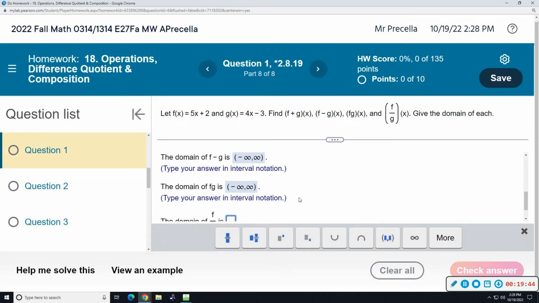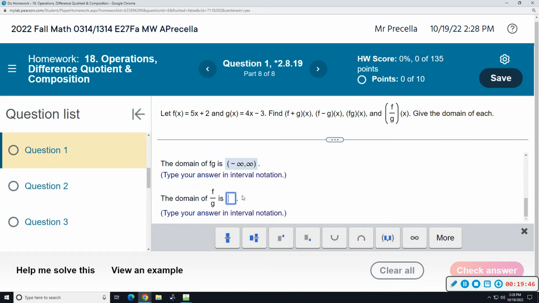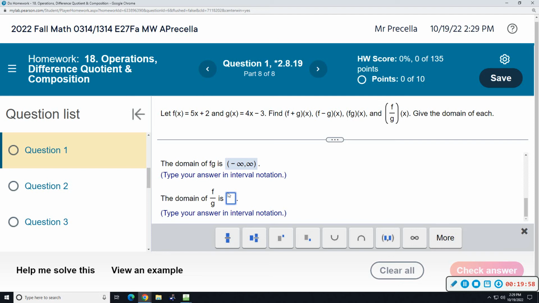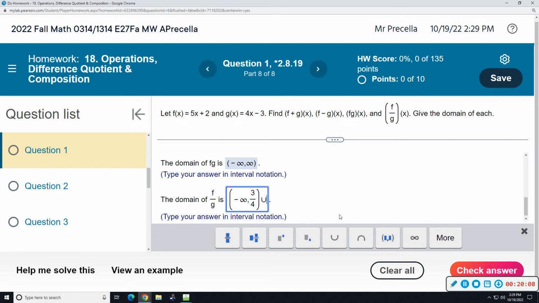And, oh wait, that's not all real numbers. That's that messy one, remember? That's negative infinity to 3/4 union 3/4 to infinity. So here we go. Negative infinity, comma, 3/4, close parenthesis, union, open parenthesis, 3/4.